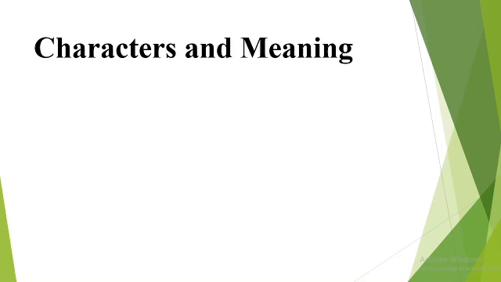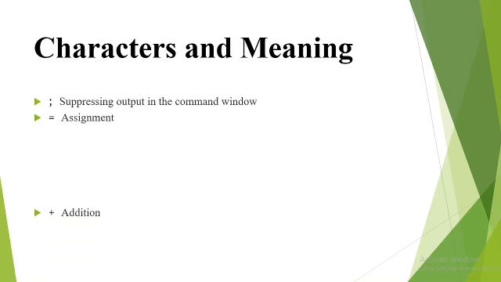Next are some characters used in MATLAB and their meaning. Semicolon is used for suppressing output in the command window, and equal to sign is used for assigning values to variables.